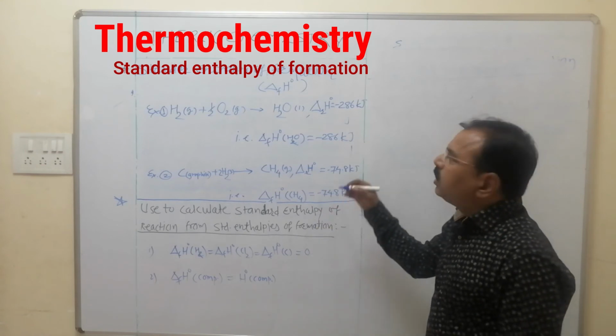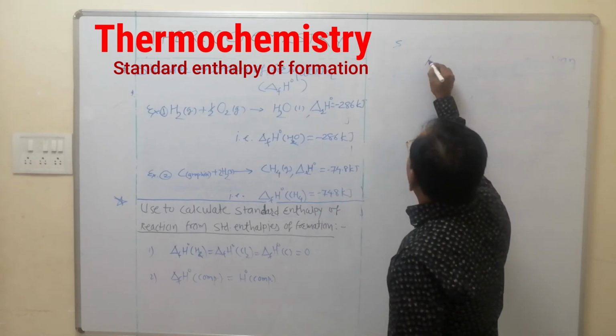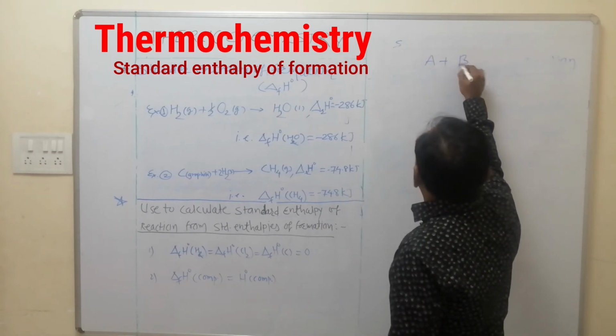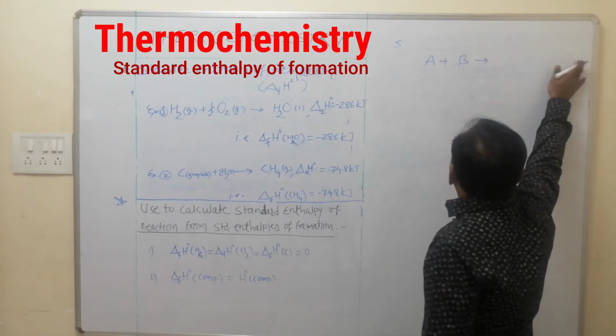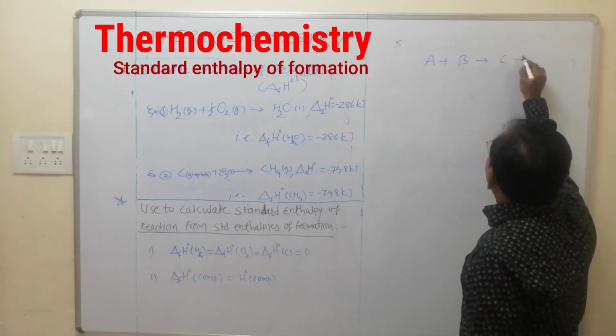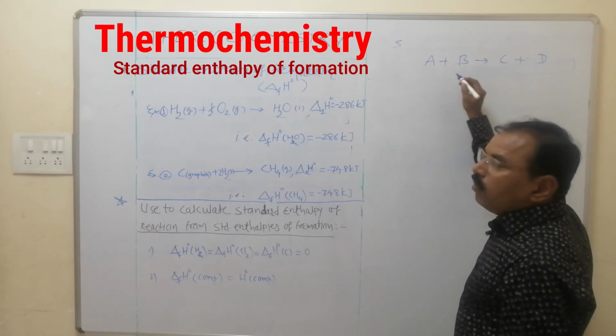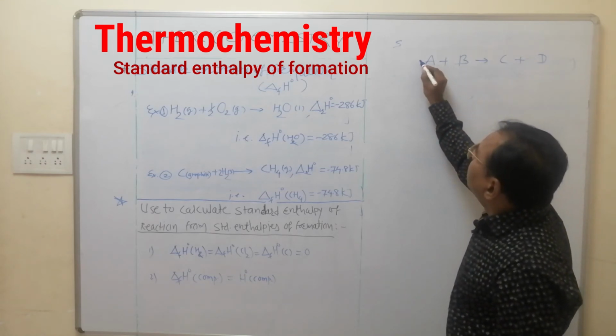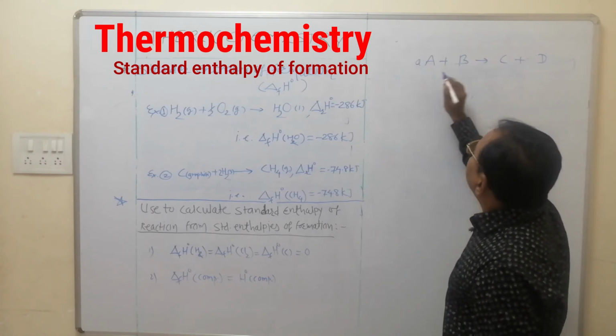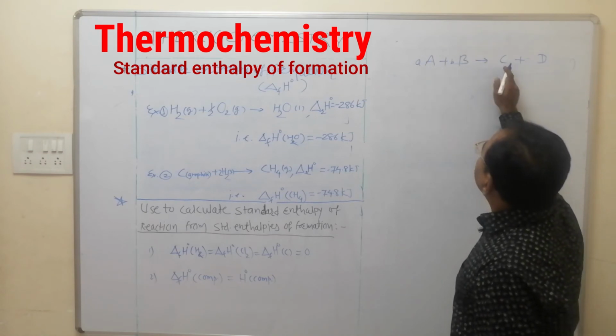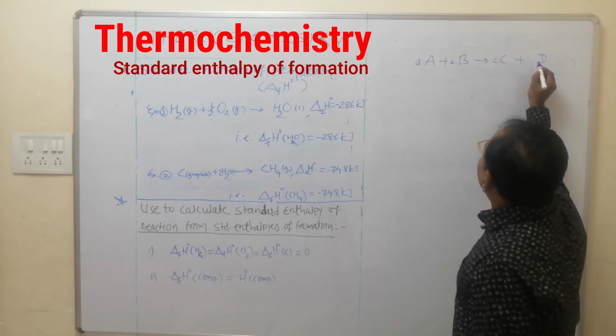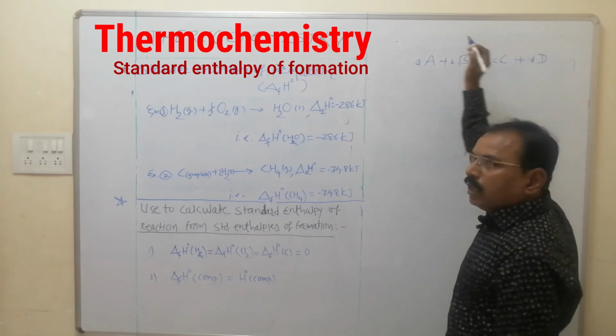Let a reaction A plus B, it gives C plus D products with coefficients. For A reactant is small a, for B reactant is small b, for C product is small c, and D product is small d.